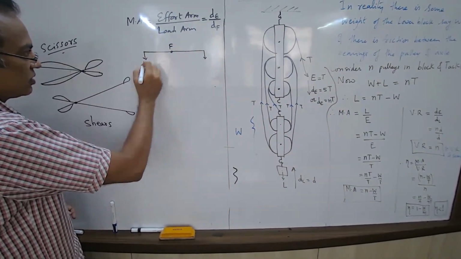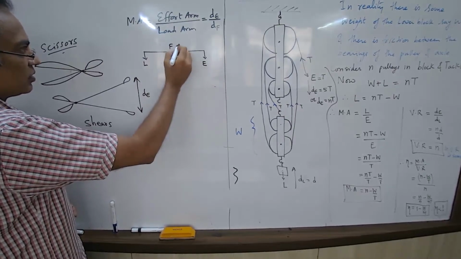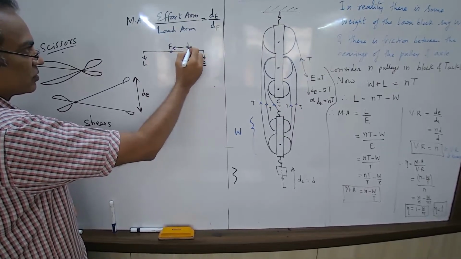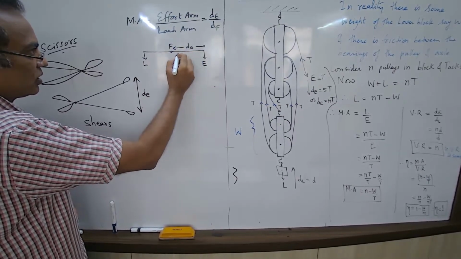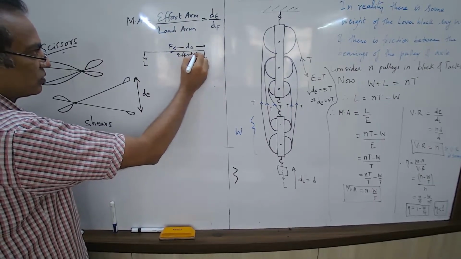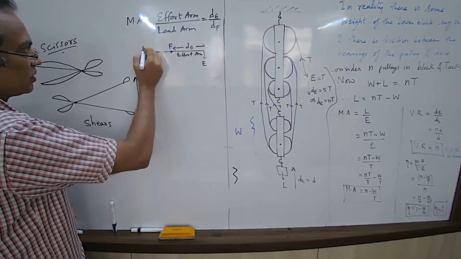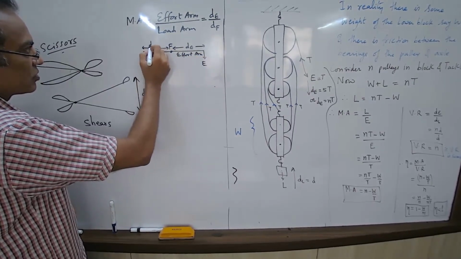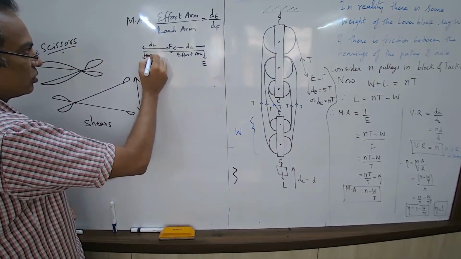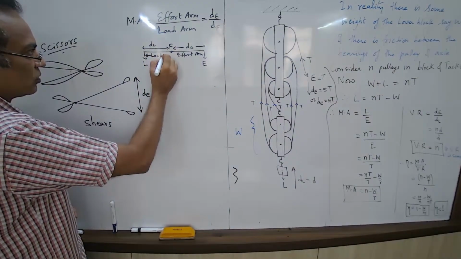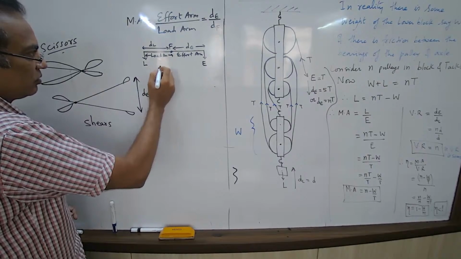This is F, this is L, this is E. So distance of effort is DE, or it is also called effort arm. Be clear with all this. This is distance of load, so this is the load arm. And it is an equilibrium case.